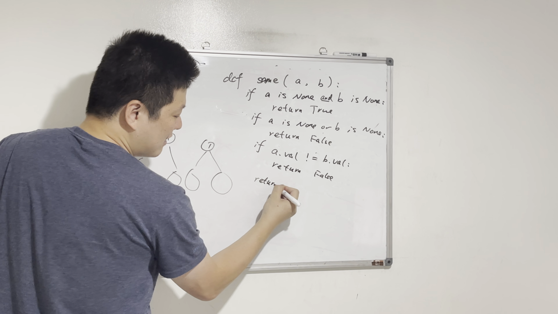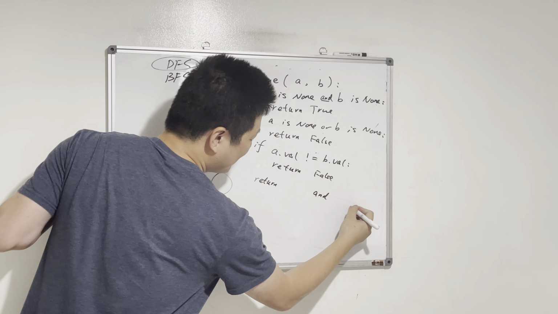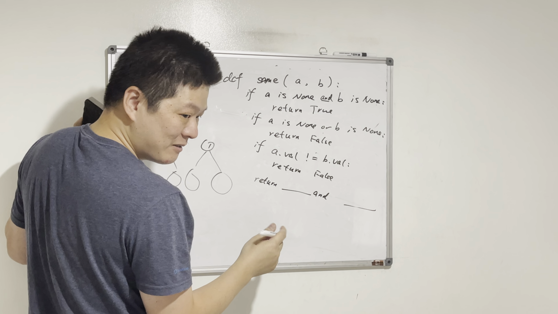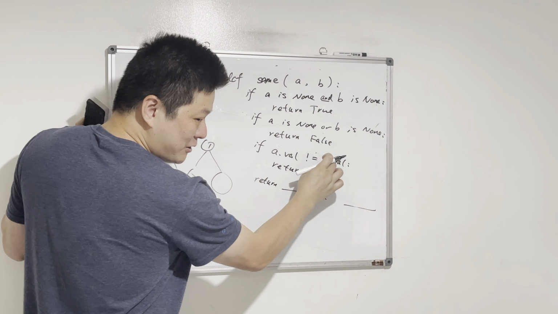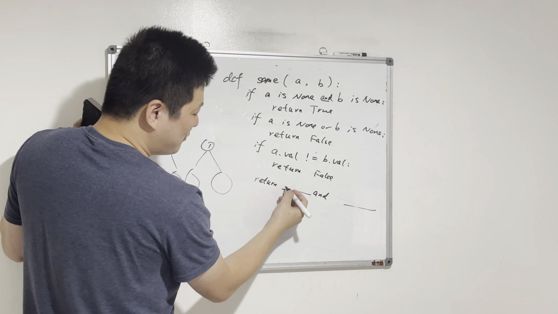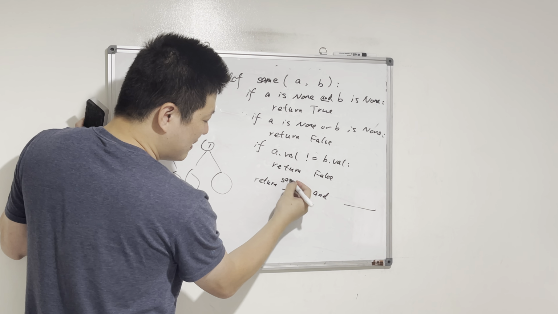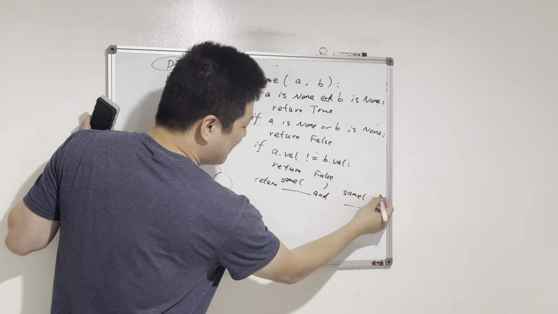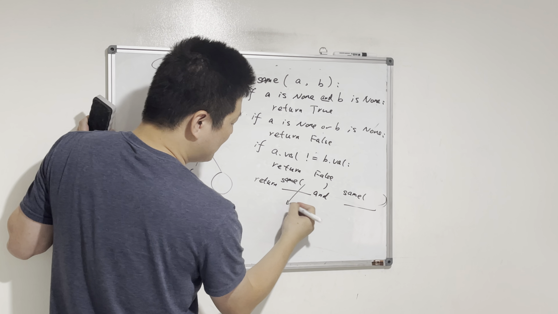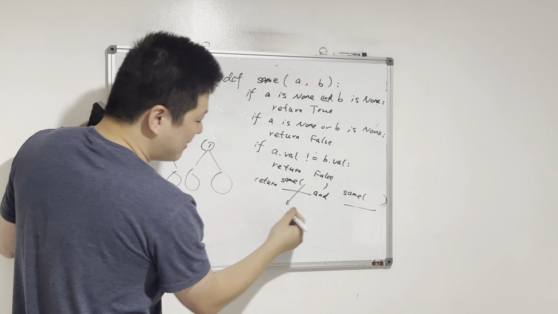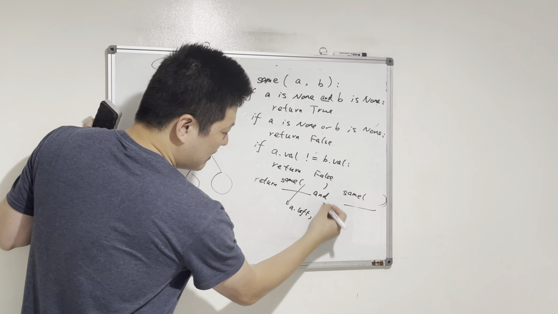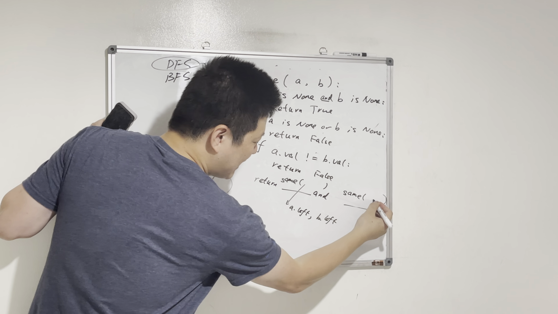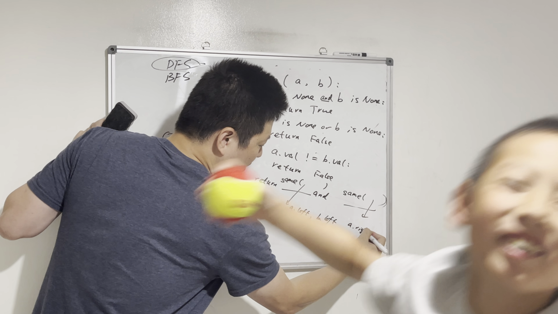Return something and something, calling the same function. We already checked the value. So A dot left and B dot left, and then the same function with A dot right and B dot right.